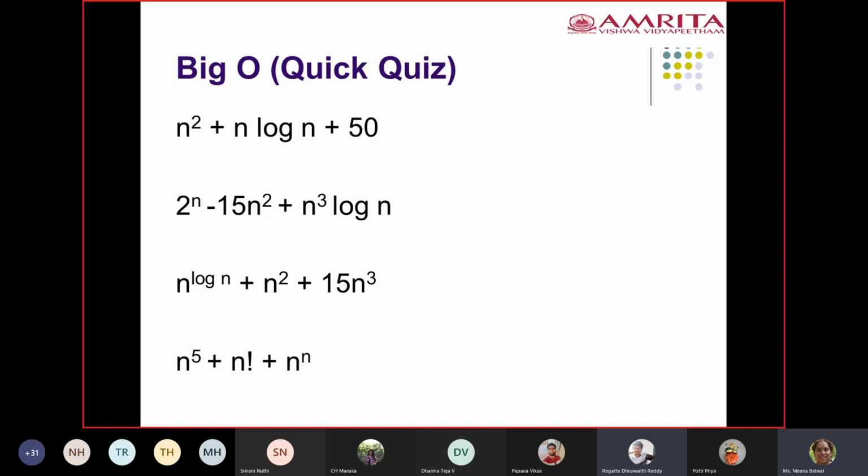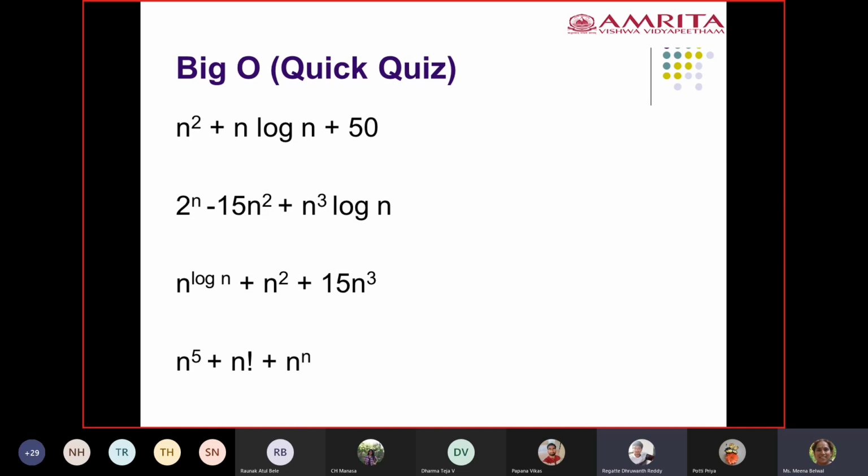Ma'am, I think n cube dominates n for log n, because powers of integers dominate, log n is a small value. No, but he said that if n is very, very large, it's competition among the polynomials only, no?